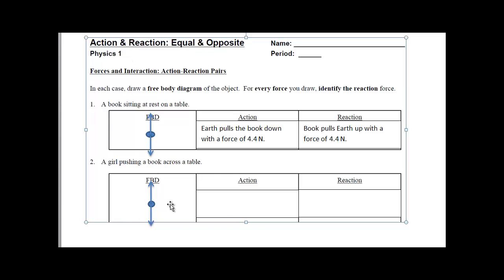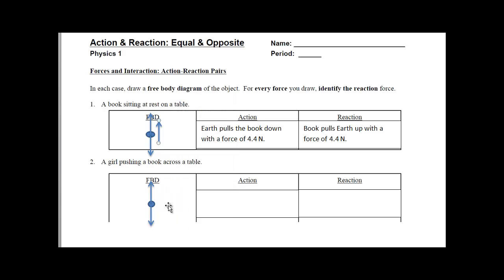So I'm going to insert another arrow, but this arrow is going to represent the girl pushing the book across the table. So here she is pushing, and we'll say she's pushing with a big force.